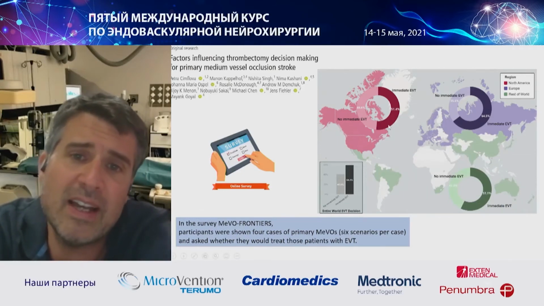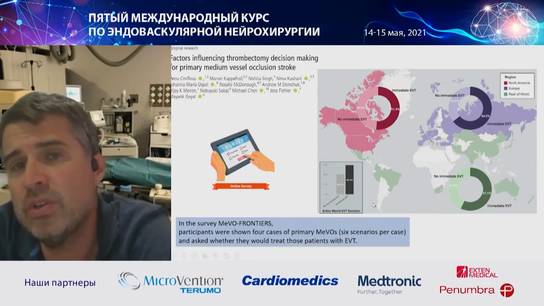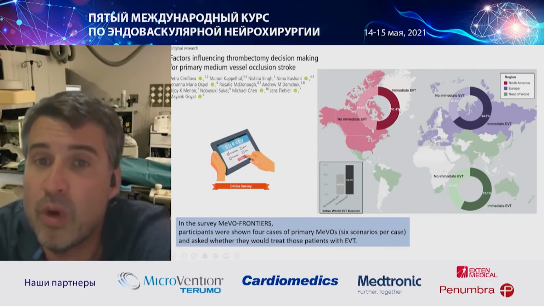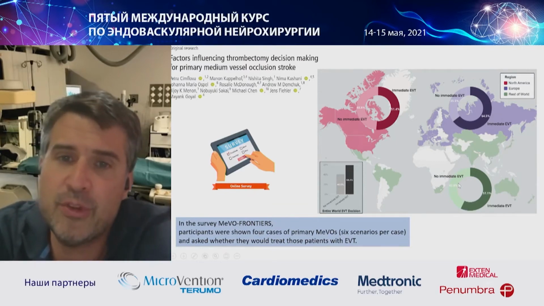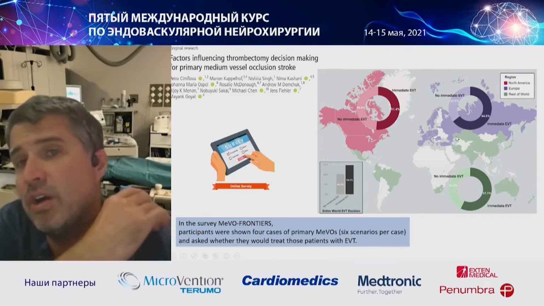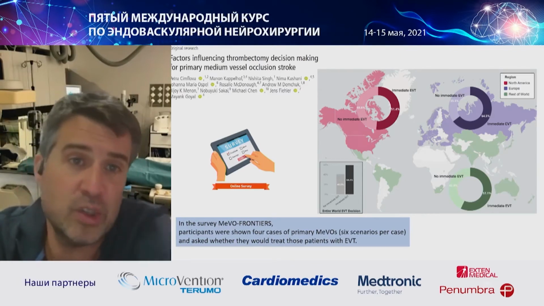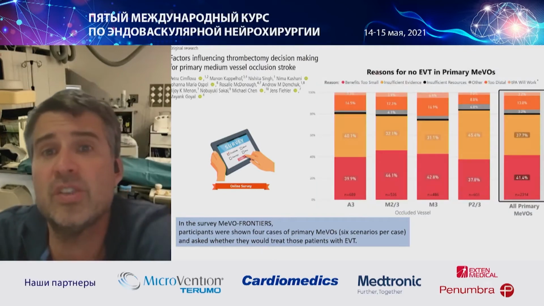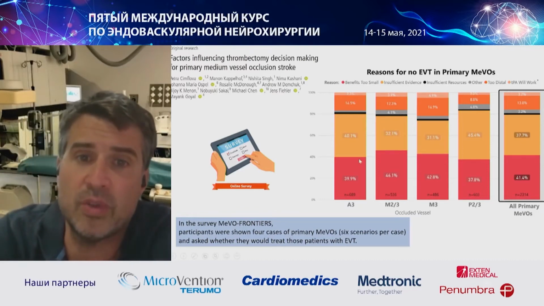Roughly, a little bit more than half of the participants thought that these patients with mid-sized, distal occlusions were candidates for endovascular treatment. However, in 30 to 40% of the cases, physicians thought that there was no indication for endovascular treatment. And here are some of the reasons that led to not indicating endovascular treatment.